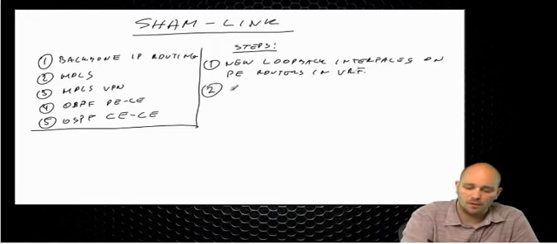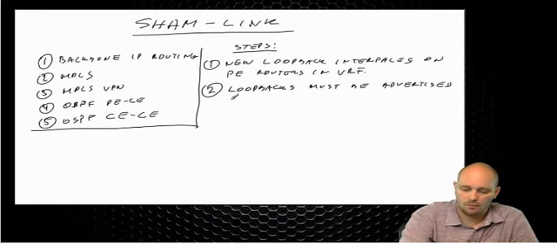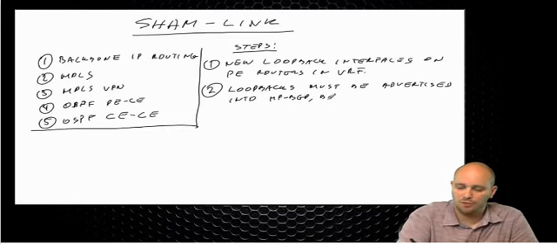Number two, loopbacks must be advertised into multi-protocol BGP, but not in OSPF PE-CE.